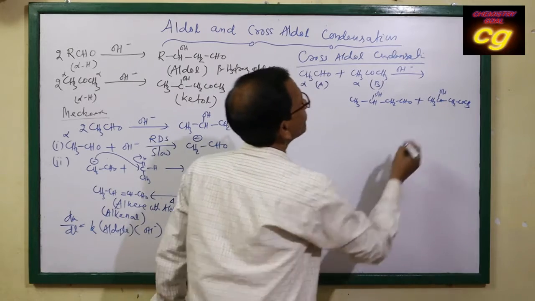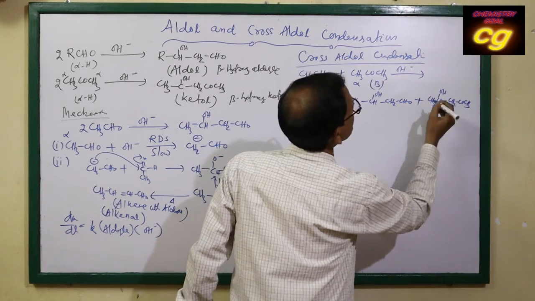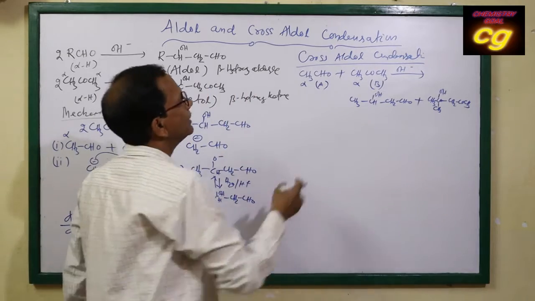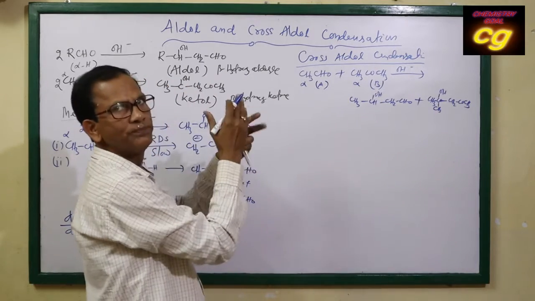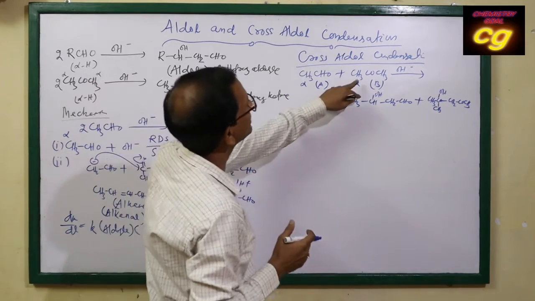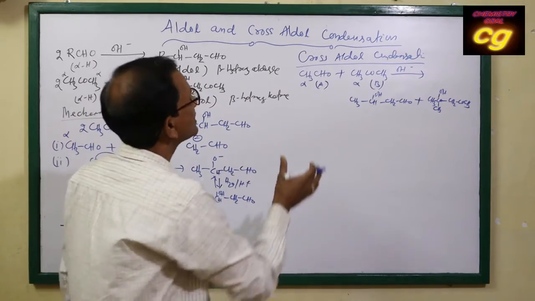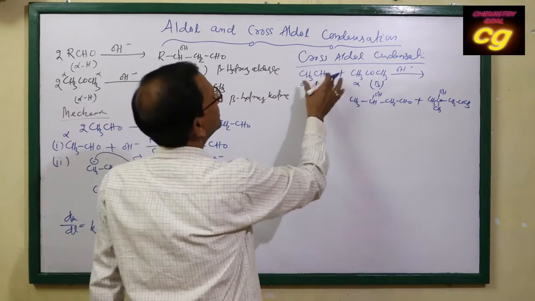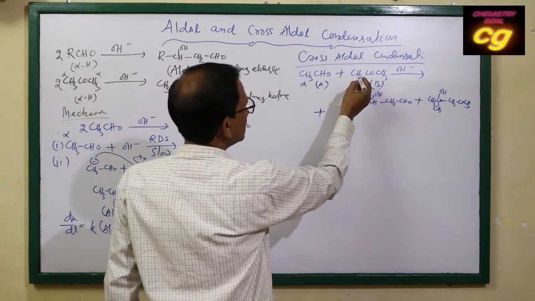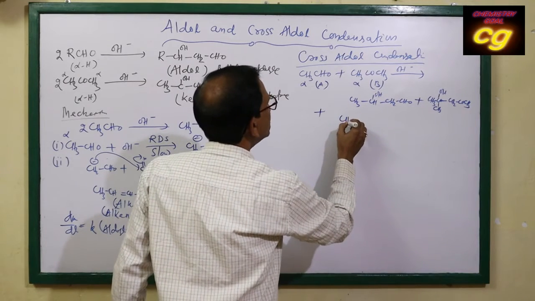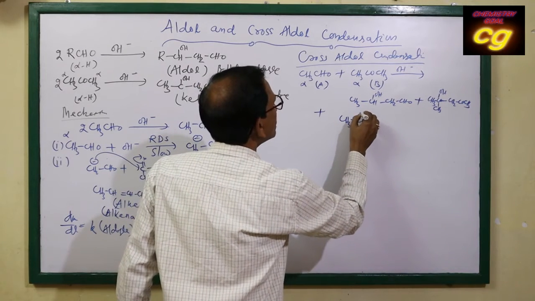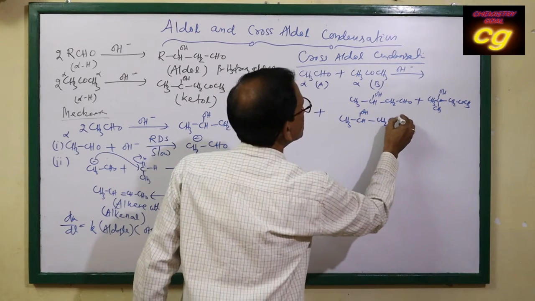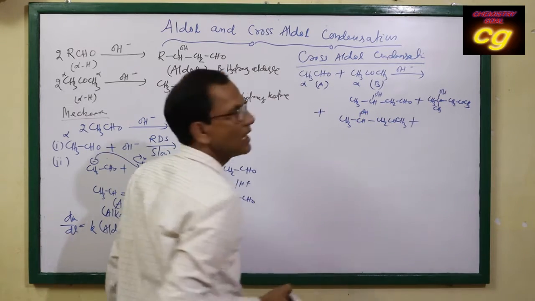Then another product will be formed if you take both. That is your self condensation, then cross aldol condensation with the combination of these. Suppose you take one compound CH3CHOH, which will combine with CH2COCH3, plus another one.